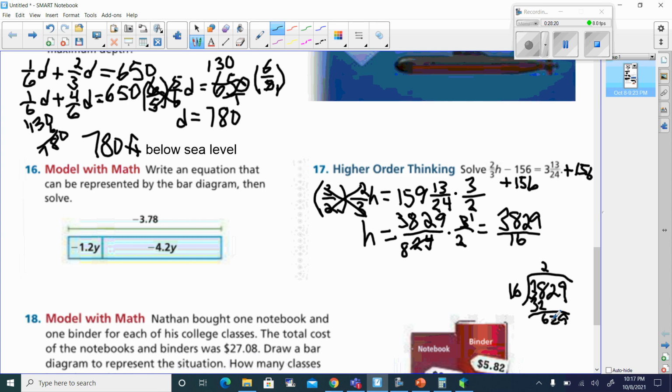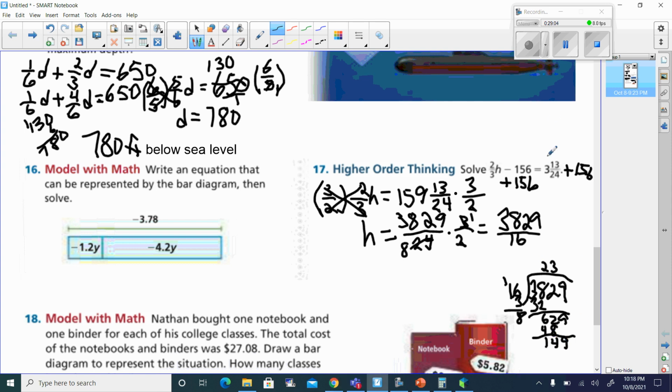Let's see, I know it isn't 6 times. If it was 4, it would be 64. No, so that's going to be 3, right? Because 6 times 3 is 18. Carry the 1, that's going to give me 48. That's going to leave me a 9 down here, a 4 down here, and a 1 over here.